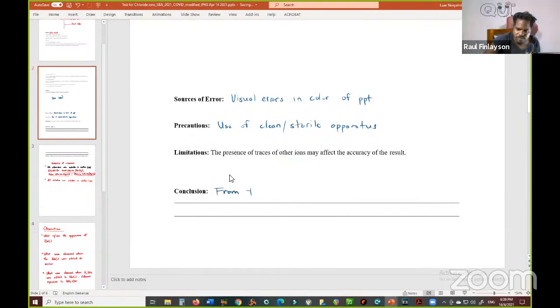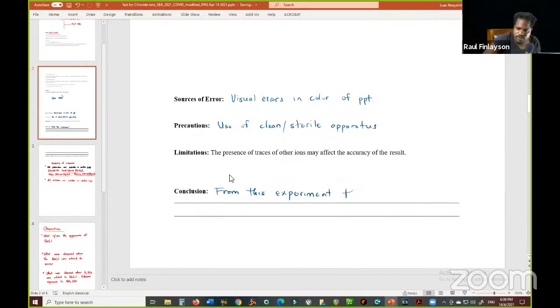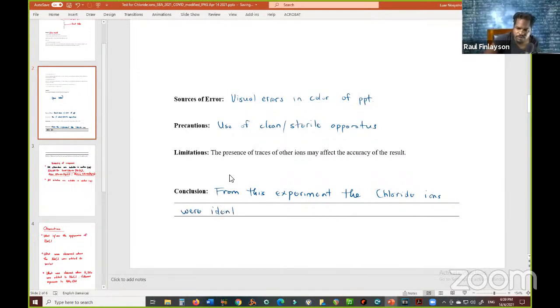The chloride ions were identified in the sodium chloride sample. Yeah, that's something like that.